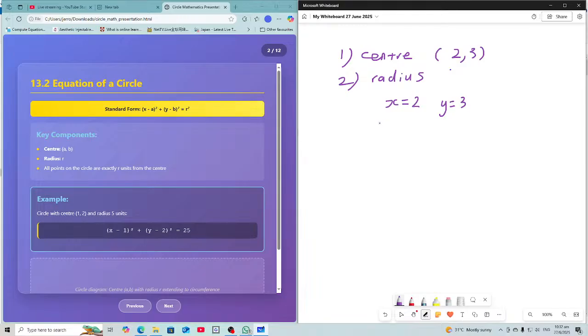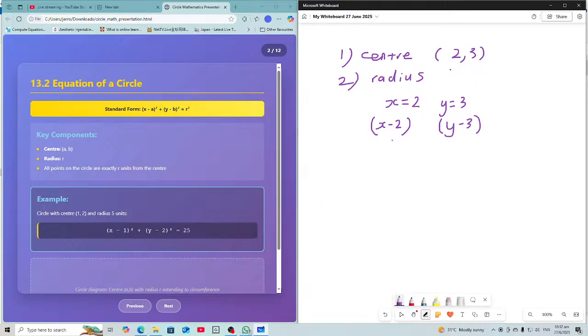We bring the 2 over so that you have x minus 2 and y minus 3. This is very important because later on I will share with you, if you're given the general form, how initially I would want students to derive using completing the square, but moving forward, if you know how this is formed, then it will be easier for you to memorize the relationship.